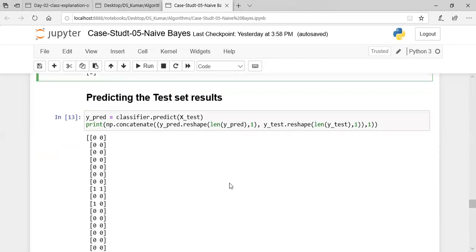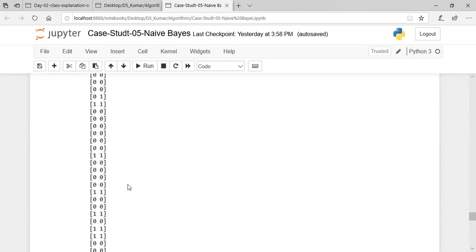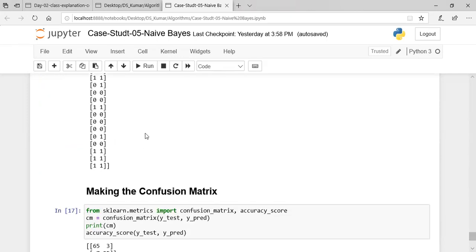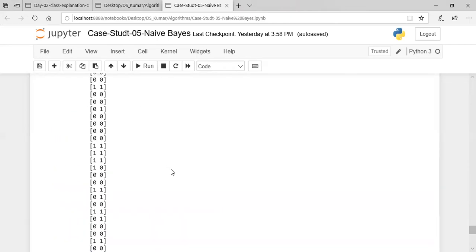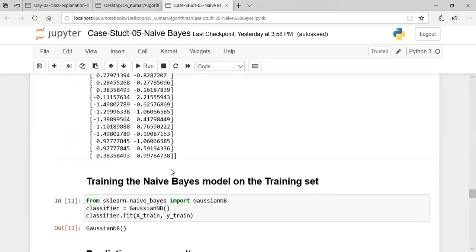Then we have put together our Y predicted values as well as the Y test values. So obviously I can easily grasp wherever I got some kind of negation. And these things are pretty common: confusion matrix and making use of the accuracy score. All these things are as usual. So hope you got the point, guys, related to the naive Bayes.